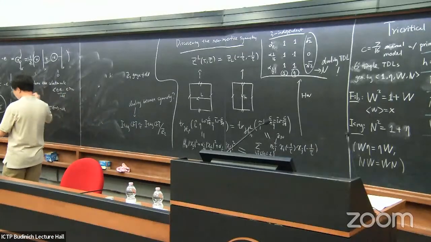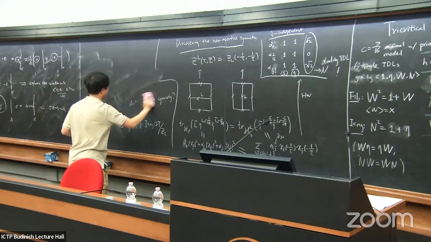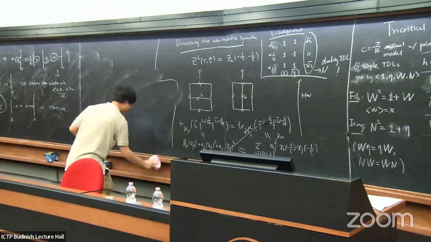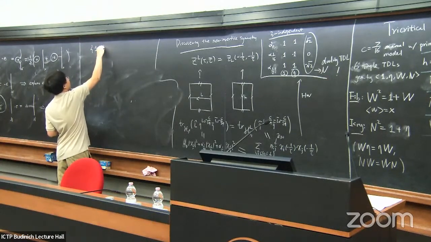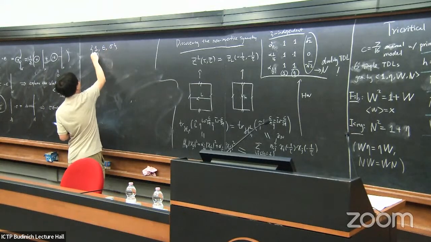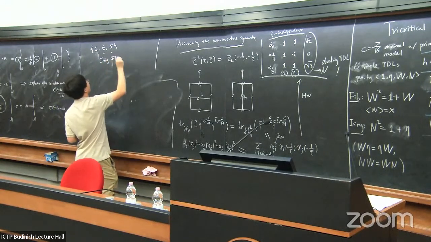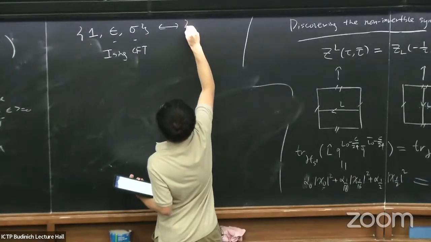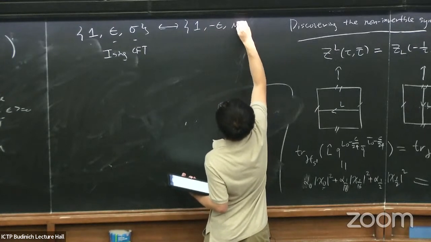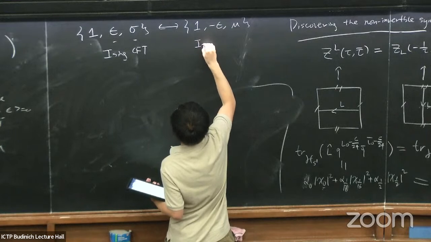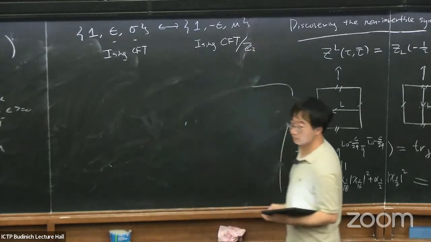Combining this picture, this explains the Kramers-Wannier duality at the self-dual point with this non-trivial transformation rule that sends the basic operators in the Ising CFT to these operators, which naturally are local operators in the Ising CFT after Z2 orbifold.